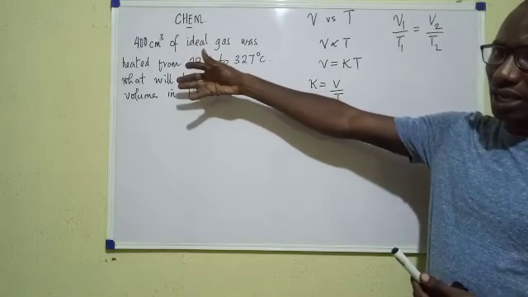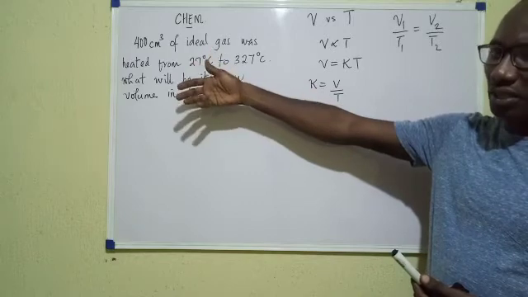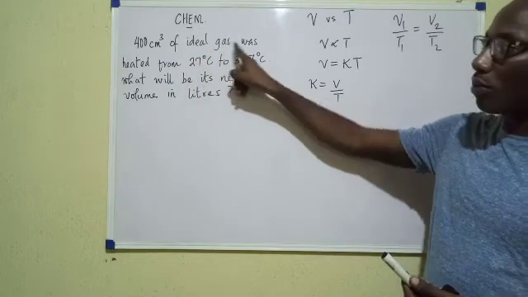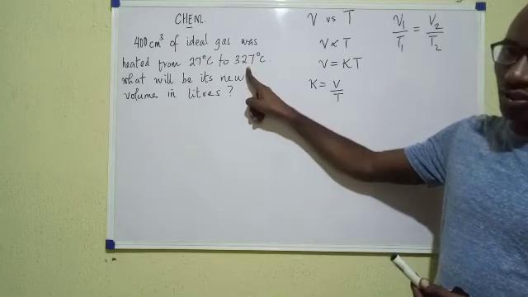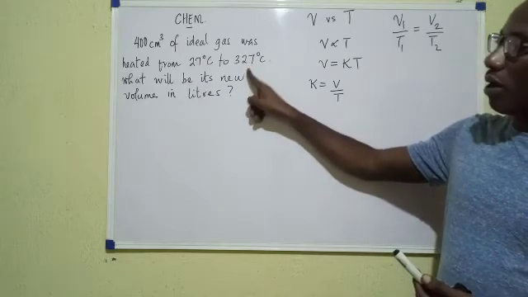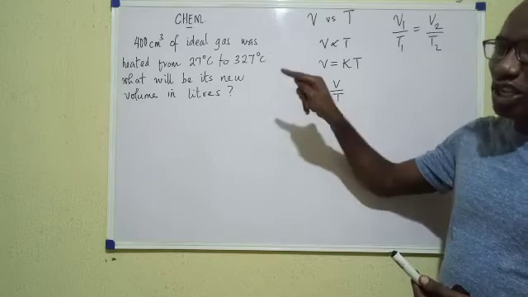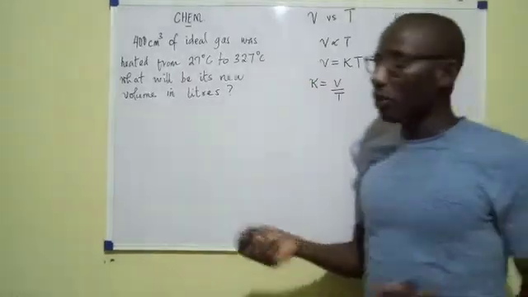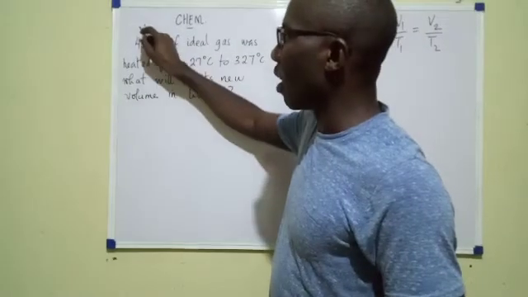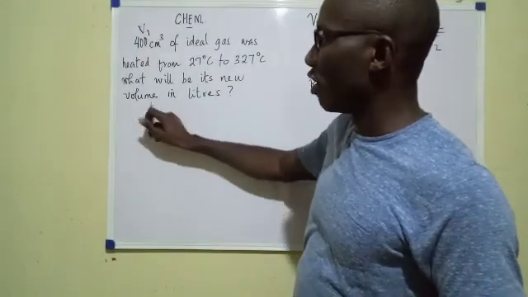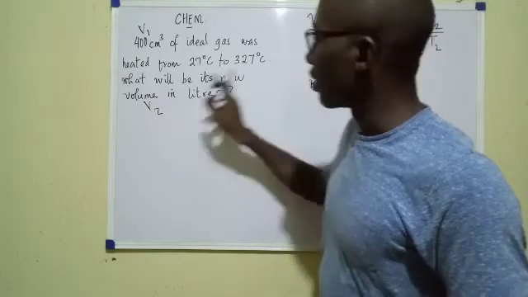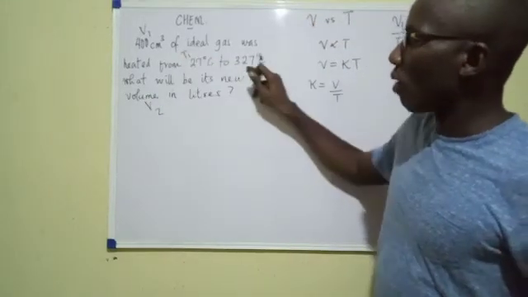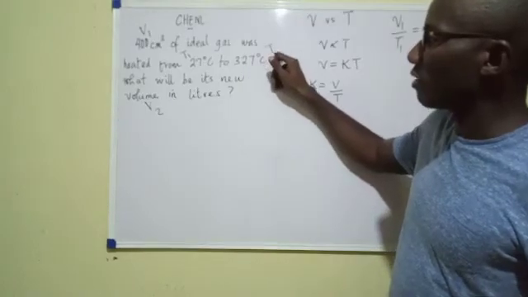What happened to the gas afterward? It was heated, and the temperature went up from 27 degrees Celsius up to 327 degrees Celsius. Now, we are required to calculate the new volume at this new temperature. So I'm simply going to say that this is my V1, and this new volume would be V2. So that for the temperatures, 27 degrees will be my T1, while 327 will be my T2.